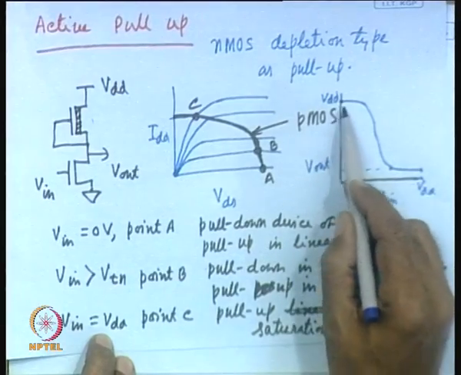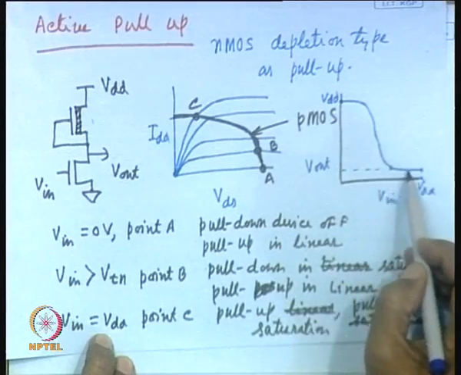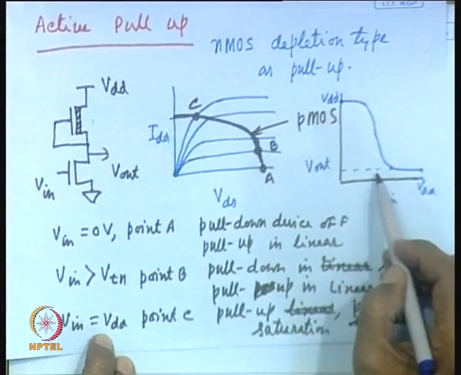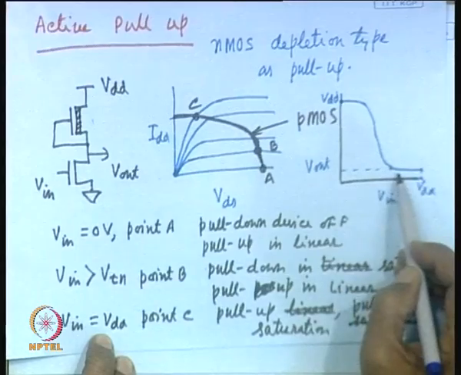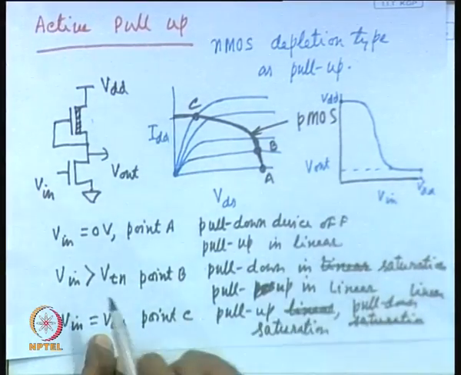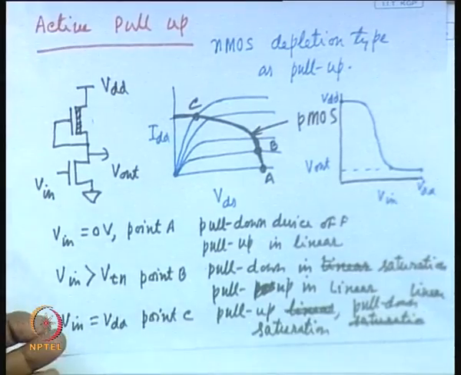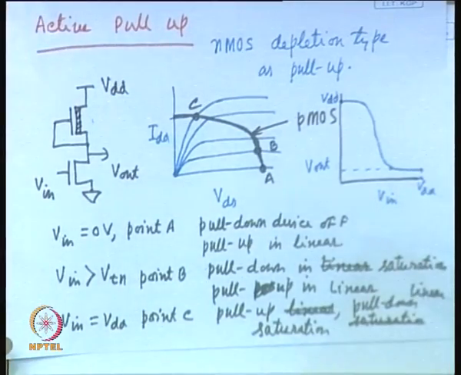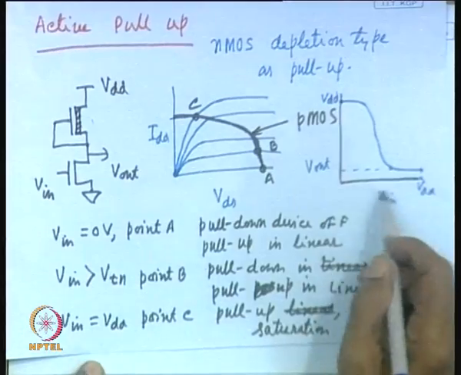So, they will act a kind of voltage divider, and as a consequence you will get a voltage which is not really 0, but little above 0. So, we are getting a voltage which is above 0, and obviously this is a non-ideal characteristic.